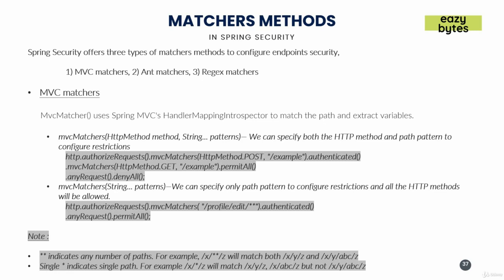Whereas if you use a single asterisk, that indicates it will allow exactly one path between them or after it. For example, if I say x/*/z, it will exactly match x/y/z but not x/y/abc/z, because abc is an extra path in there. So that's the difference between single and double asterisks. Please make sure that you are using them properly.